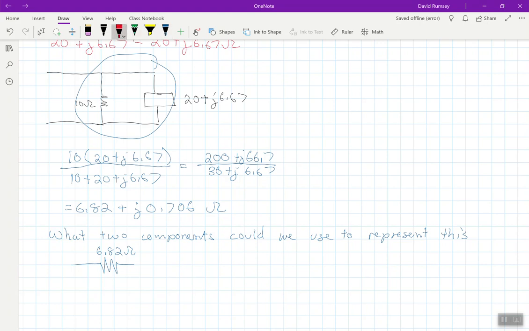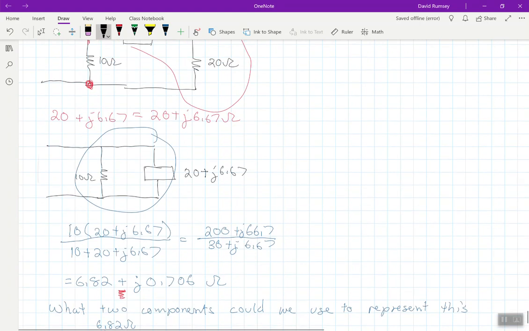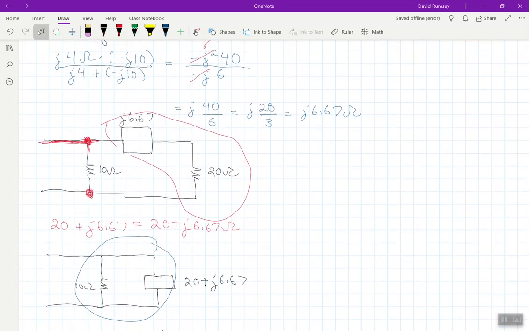Well, again, we turn to looking at the sign because it's positive. Because that's a positive there, that means it would have to be an inductor, and it would be an inductor of impedance value J 0.706 ohms. So those two components could represent the equivalent impedance.